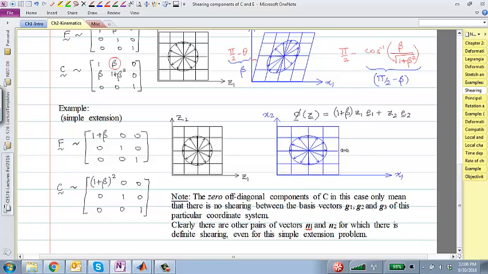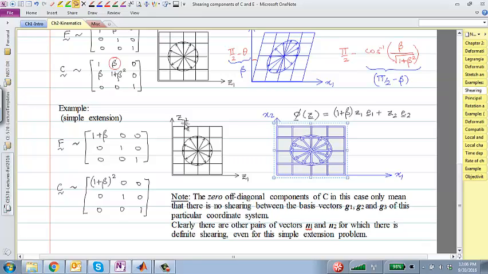Are there tangent vectors that don't change direction? Which ones? Any tangent vector that is along E1 and E2 does not change direction. Any other tangent vector does change direction, right? Even in this simple extension example, there are tangent vectors that will change direction.